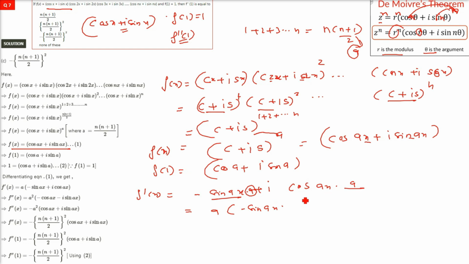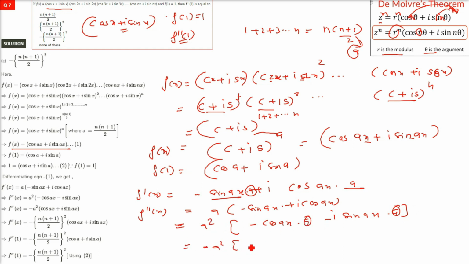In f double dash x, you will get one more differentiation. So for f double dash x, sin ax becomes cos ax with a negative sign, cos ax becomes minus sin ax, and then again a will come, i will be there. So we take a outside, minus a square, and a, remember, is n(n plus 1) by 2, nothing else. Cos ax plus i sin ax it is. This is f double dash x.